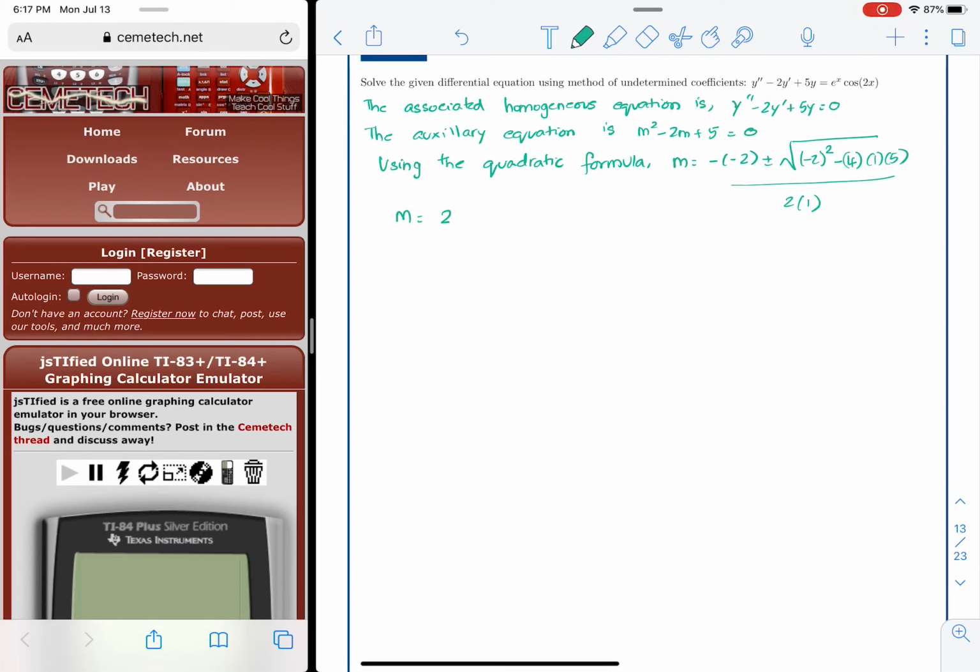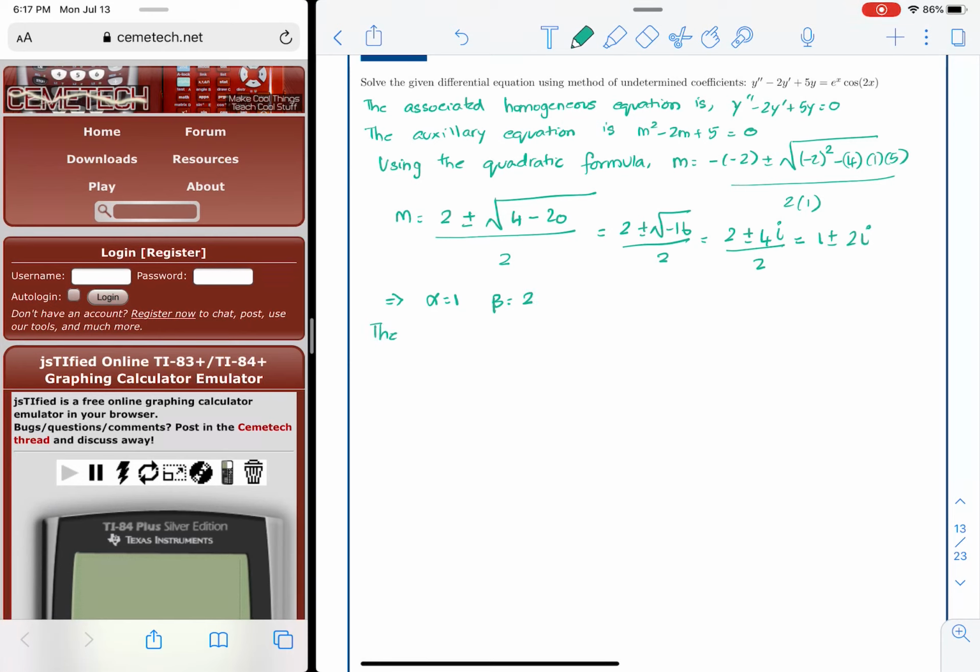So m is 2 plus or minus square root of 4 minus 20, square root of minus 16 over 2, which is 2 plus or minus 4i over 2. We get 1 plus or minus 2i. So here we have alpha equals 1 and beta equals 2.